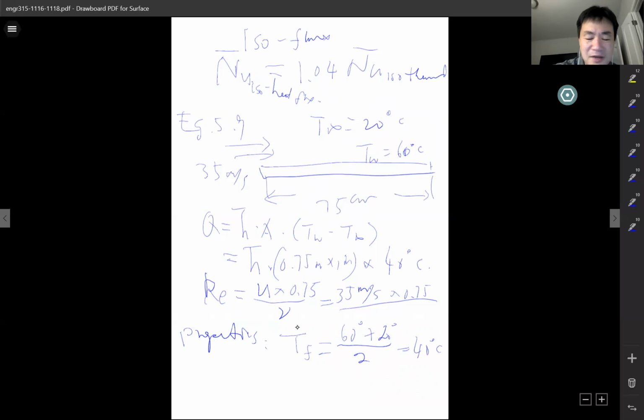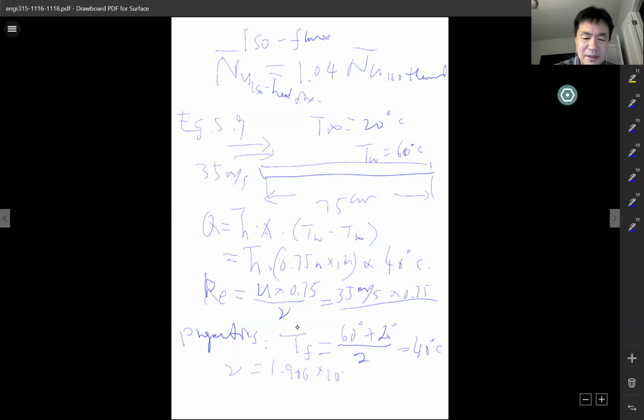Based on 40 degrees Celsius, we get the viscosity equals 1.906 times 10 to the negative 5. Oh, this is dynamic viscosity, mu. We need a kinematic viscosity.